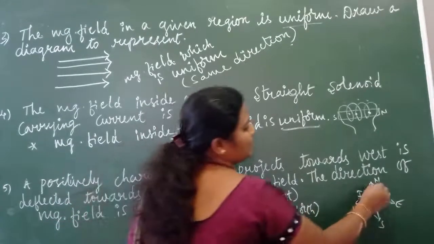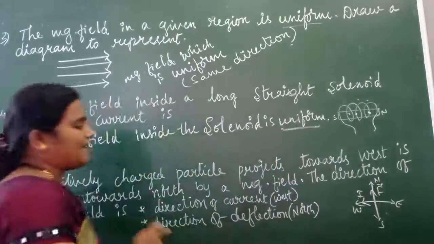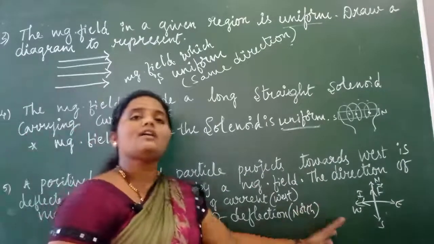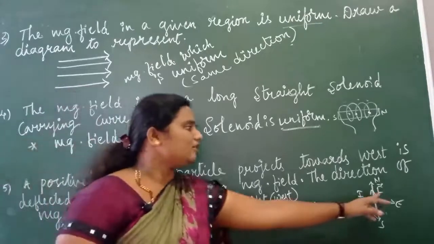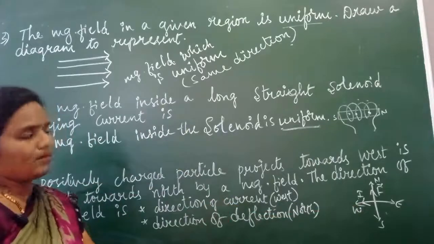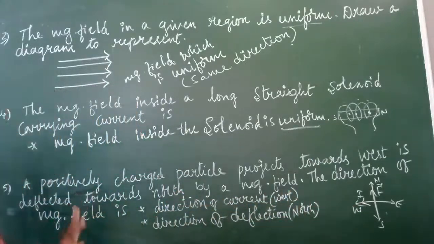Means towards the north, this is force, isn't it? The direction of a deflection, nothing but a deflection means here motion or force you have to consider, isn't it, children? So the force is towards north and the current is towards the west direction, and find the direction of the magnetic field.